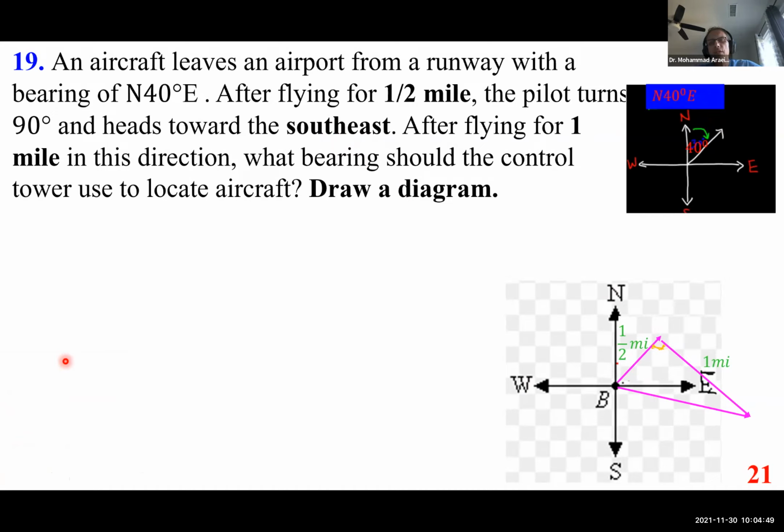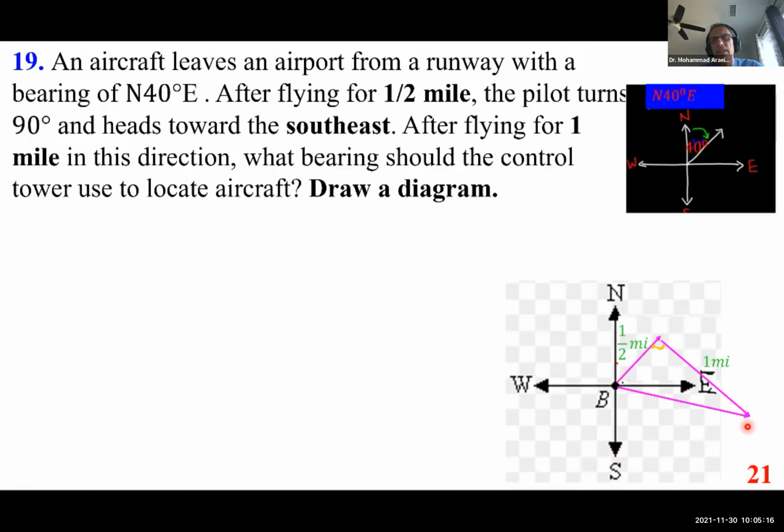All right, so let's figure out what the bearing is by first understanding which way we are going. We are going this way, which means we are going southeast. So the answer is southeast. We need to find this angle, everybody. Okay, we need to find this angle. So again, we already know we are going southeast.